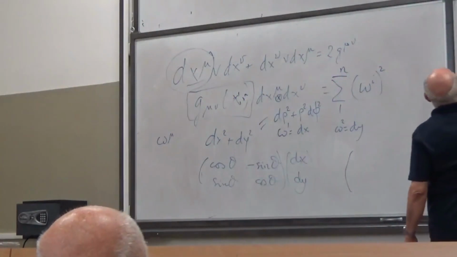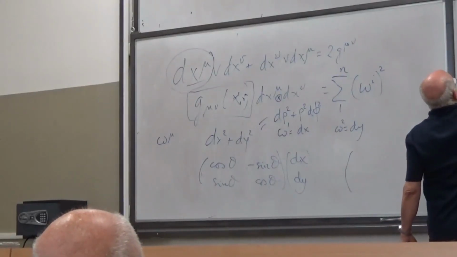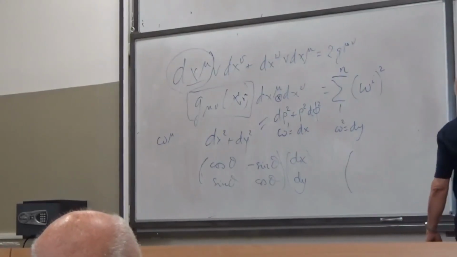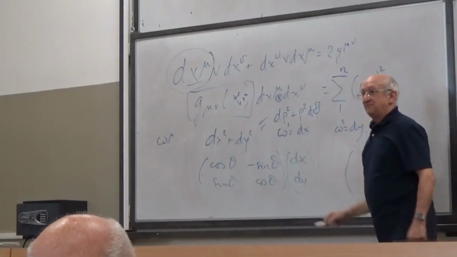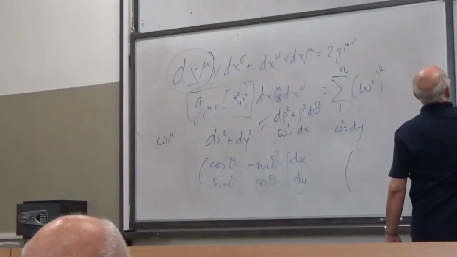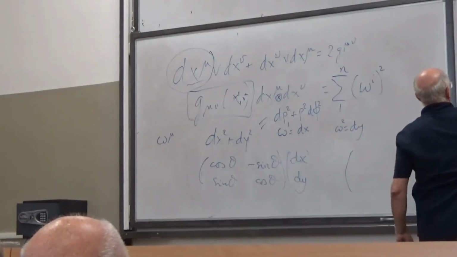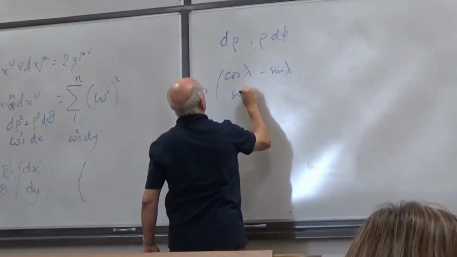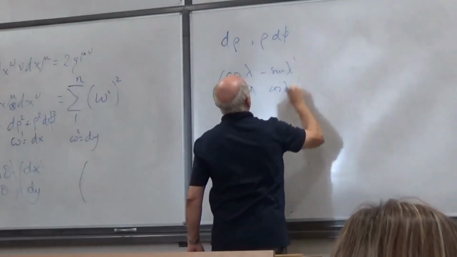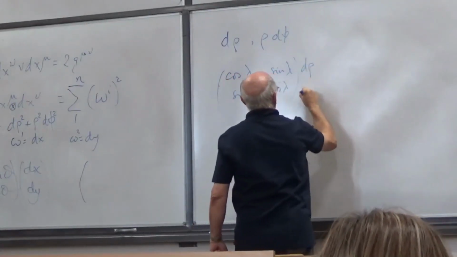Well, we know that d rho and rho d phi satisfy that this square is the metric. But again, the same game. So instead I use cosine lambda, minus sin lambda, cosine lambda, d rho and rho d phi.